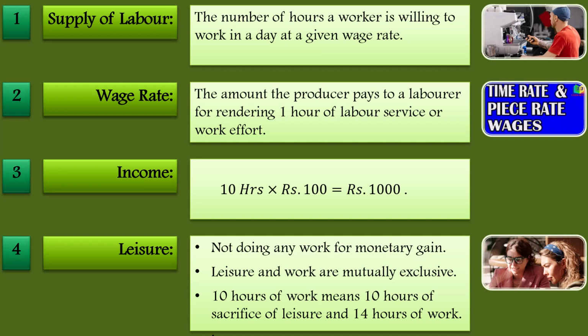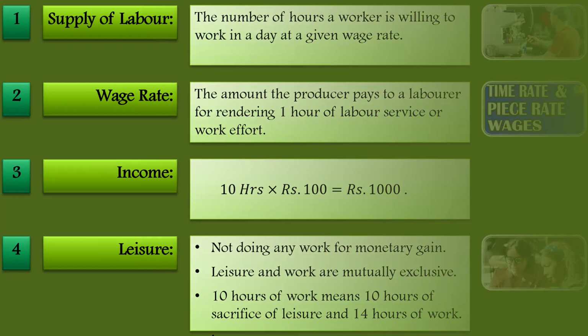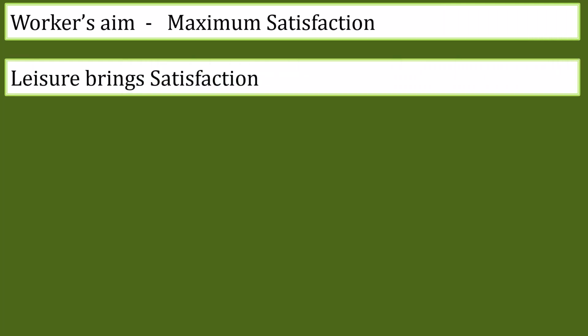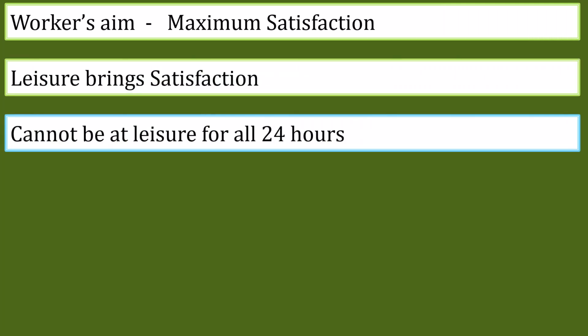Okay, so far good. What next? A worker aims to achieve maximum satisfaction. Leisure brings satisfaction. But a worker cannot be at leisure for all 24 hours. He needs income.